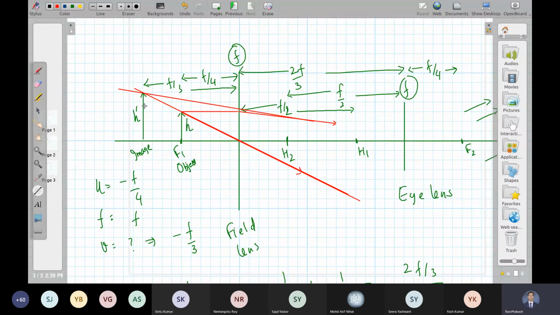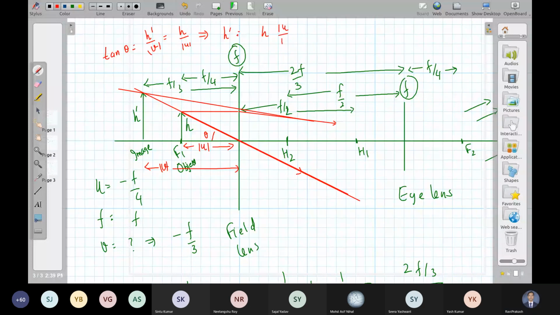How do we find the image? This distance is known. You know all the distances. This is u. This is v. Use trigonometry. This angle theta. So tan theta is how much? Either you can call it h prime upon mod v, or you can call it h upon mod u. So what is h prime? H mod v upon mod u. Sir, 4 by 3 h. Right.